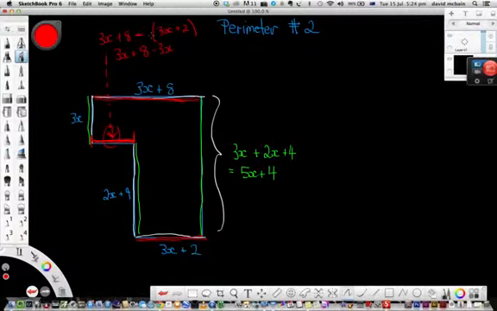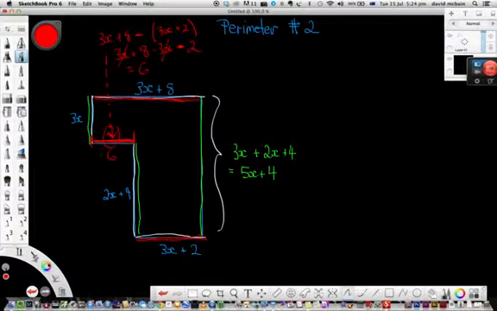So negative 3x is minus 3x, and negative 2 is negative 2. We can simplify that down: 3x minus 3x, well, they cancel, don't they? So 3x, take away 3x, leaves us with nothing. And 8 minus 2 equals 6. So that length there is 6. Now we know all the sides of this shape.